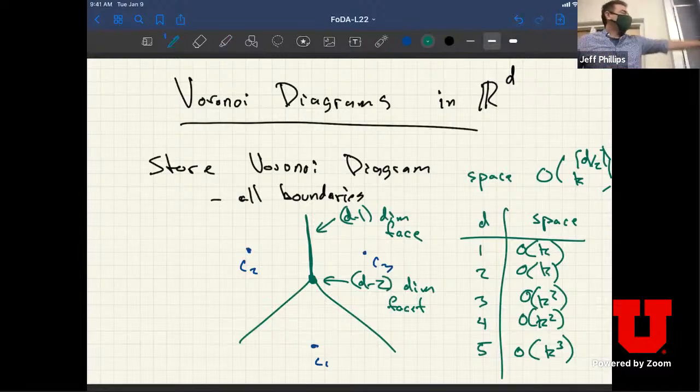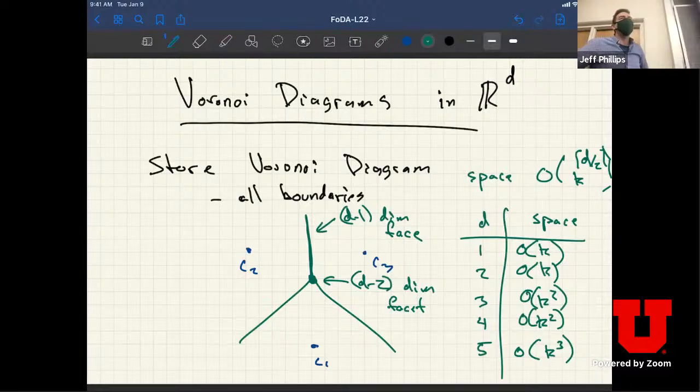I'm not going to want to store something this large that grows polynomially, K to the cubed. And its construction, people have worked on how to construct these efficiently. They come up in a lot of applications, and in computer graphics very similar things come up a lot. And people have worked at storing these, but they become quite complicated. And this is going to be too large, too prohibitively large.